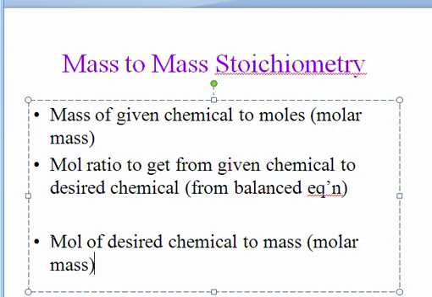Finally, we'll get moles of desired chemical from this step right here, and we convert our moles to mass by using the molar mass. So mass to moles, and then moles to mass. These two steps require the calculation of the molar mass of the chemicals, and only this middle step involves the coefficients from the balanced equation.